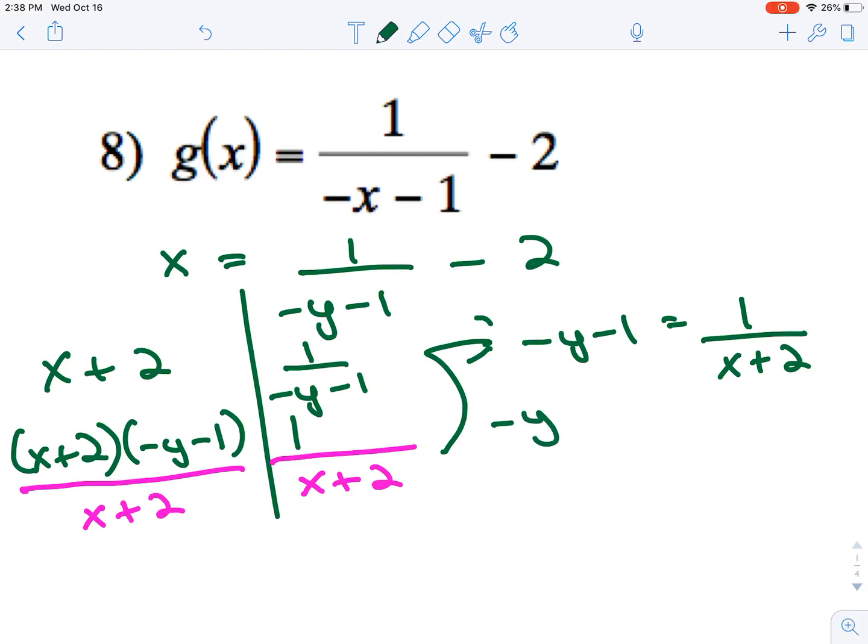And then I'm going to add 1. Almost there. Now the only thing that I need to do is multiply both sides by negative 1.